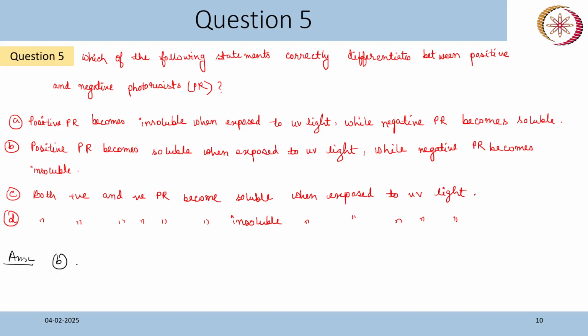The answer is option B. So what happens when you expose positive photoresist to UV light? It becomes soluble, it becomes soft.